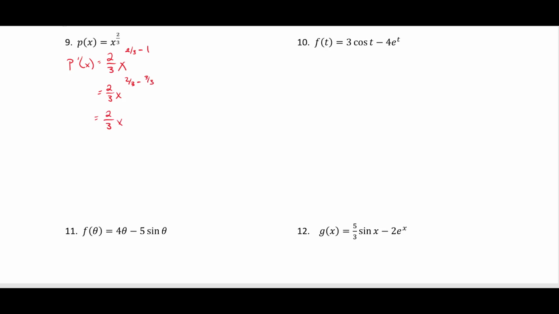So we have 2/3 x to the negative 1/3 power. And just like before, you want to bring this down so it has a positive exponent. So this becomes 2 over 3x to the 1/3 power, positive 1/3 power. And again, because the numerator of this rational exponent is a 1, we want to rewrite this in radical form. So this then becomes 2 over 3 cube root of x.